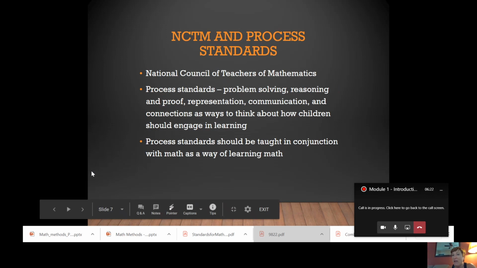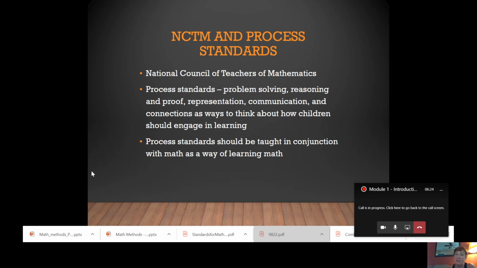All right, so the National Council of Teachers of Mathematics is a great resource that you should check out when you get a chance. And they talk about process standards. So they're saying that these are the ways that we want young children to be able to learn math and really to be able to, again, it's not about the final product, it's about the process.